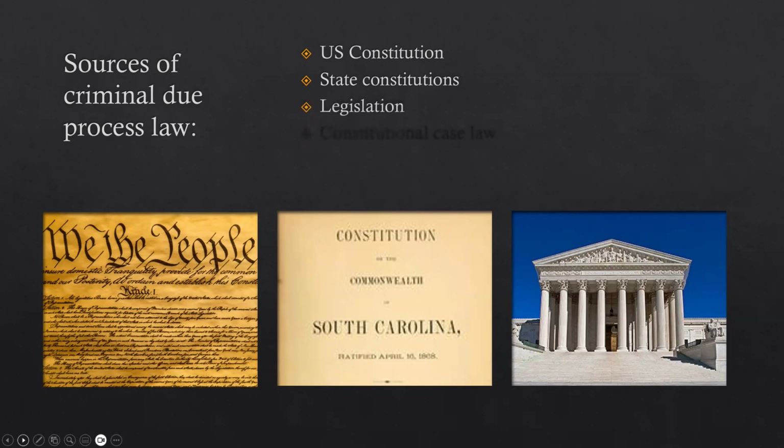Legislation goes a long way towards providing the more detailed laws that govern criminal due process. And they usually take the form of the rules of criminal procedure. It's in its own little book that lawyers learn, or students learn in law school. You learn criminal procedure. They're very detailed rules, deadlines about what's going to happen when.